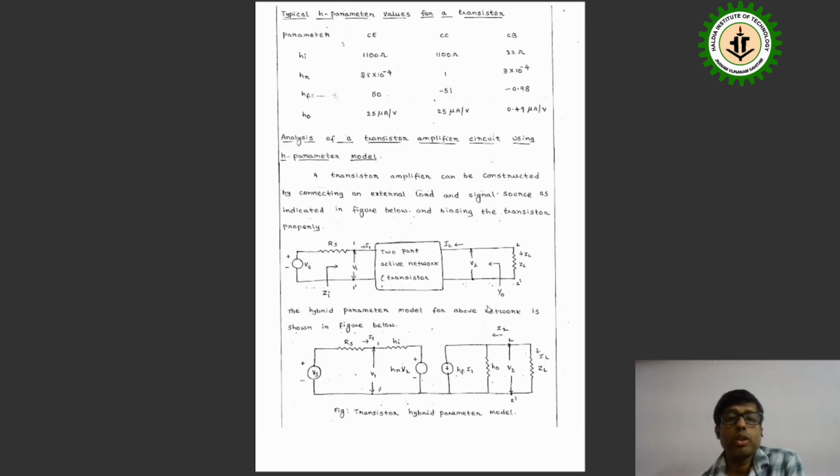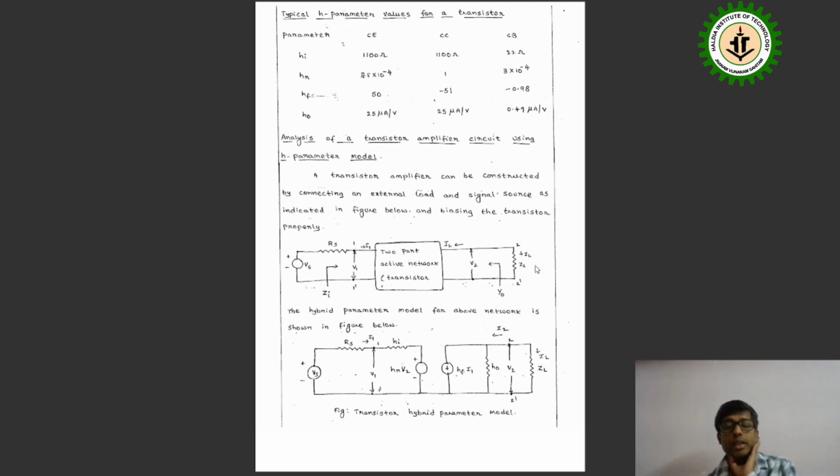Okay, so now the main thing is that, from the analysis of the transistor amplifier circuits, we will actually analyze the amplifier circuit using the H parameter model. This is the two-port active network of the transistor. Vs is the source, and ZL, the load resistance, is connected here.